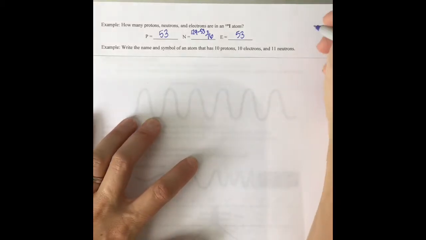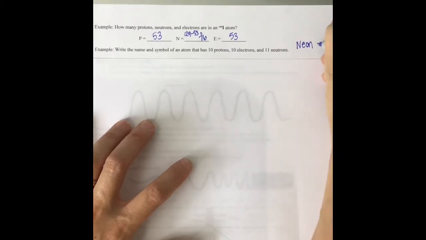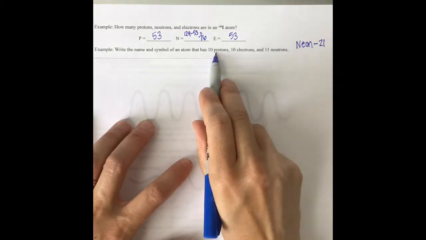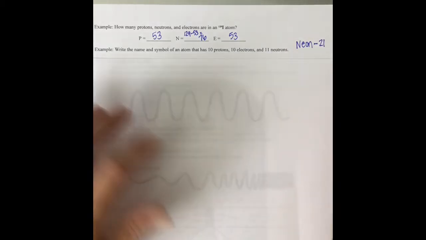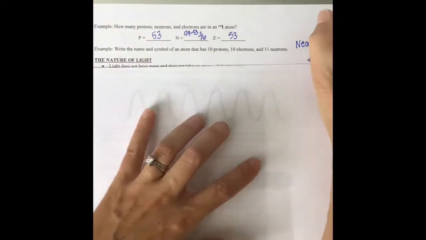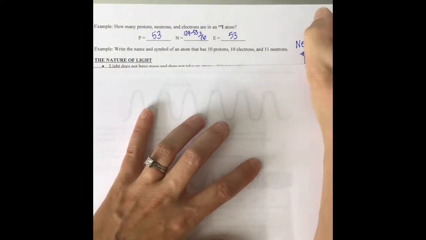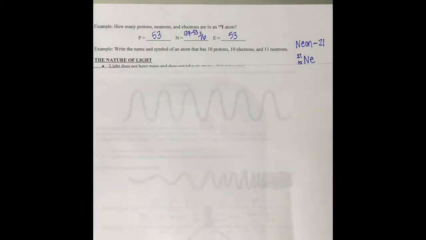So it wants us to write the name and the symbol. So we could do this like this. Neon dash the mass, 21 protons plus neutrons. Or we could also write it Ne with the mass and the atomic number, like that.